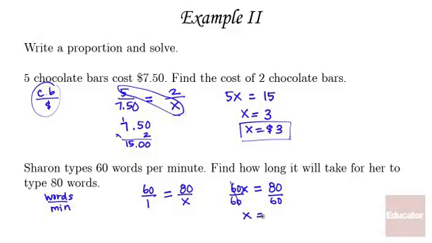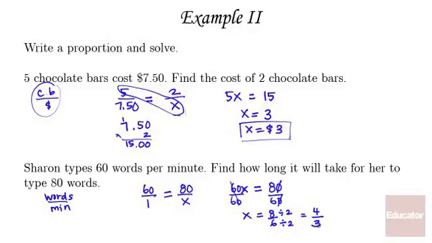So X is going to equal, I'm going to cross out these zeros. So then I'm going to have 8 over 6. But then here I can simplify that, right? So divide this by 2, divide this by 2. It's going to be 4 over 3.